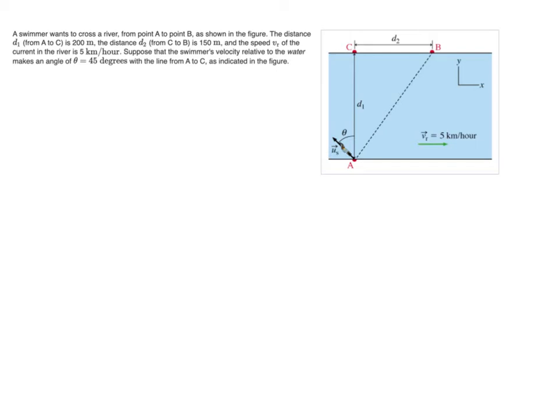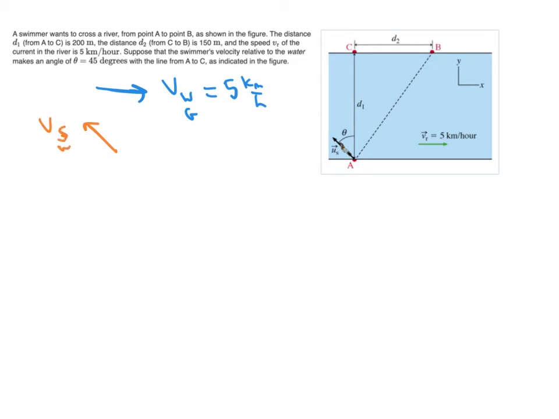And I'm going to say that the velocity of the water relative to the ground points that way and has magnitude 5 kilometers an hour. And then we'll have the velocity of the swimmer relative to the water.